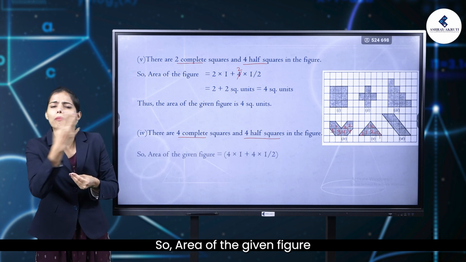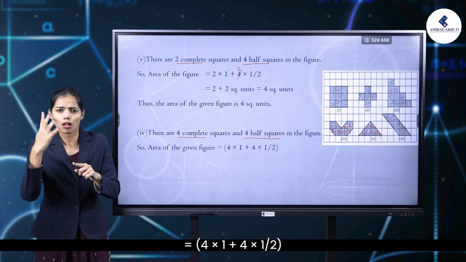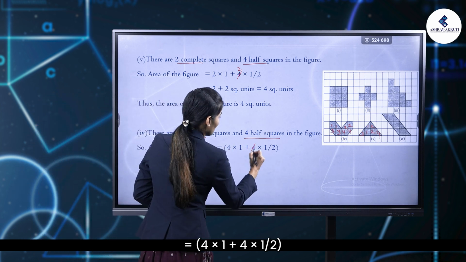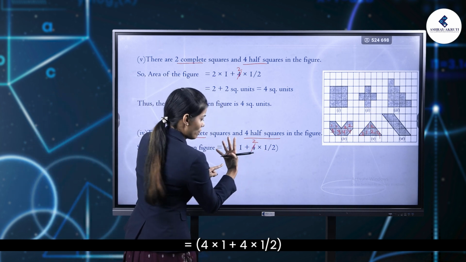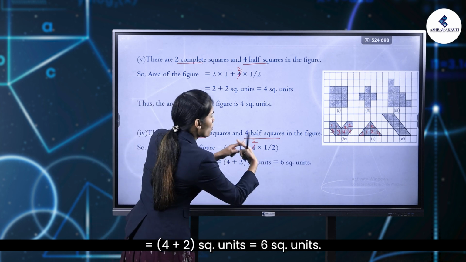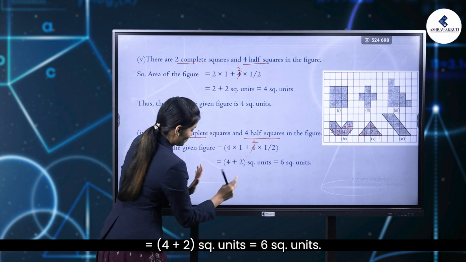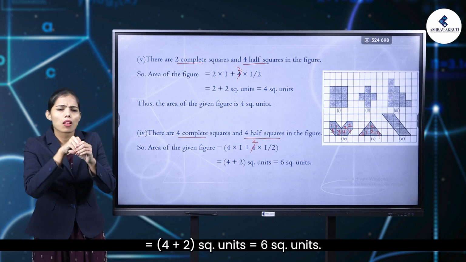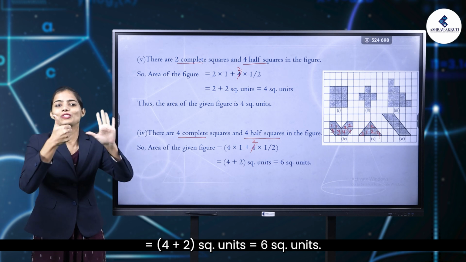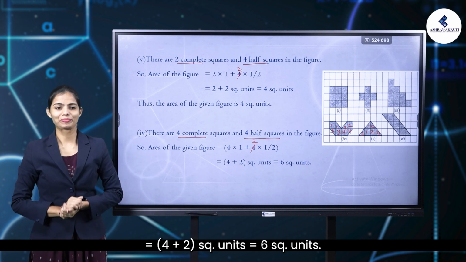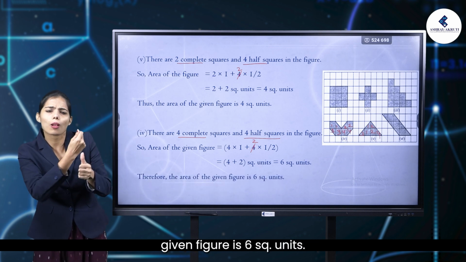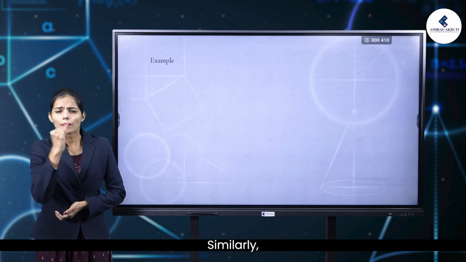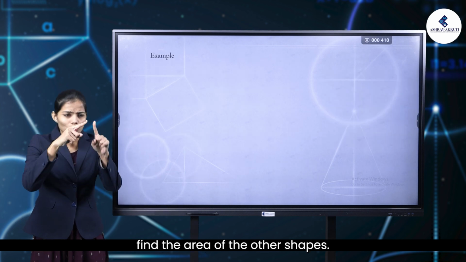So, area of the given figure is equal to 4 into 1 plus 4 into 1 by 2 is equal to 4 plus 2 square units is equal to 6 square units. Therefore, the area of the given figure is 6 square units. Similarly, find the area of the other shapes.